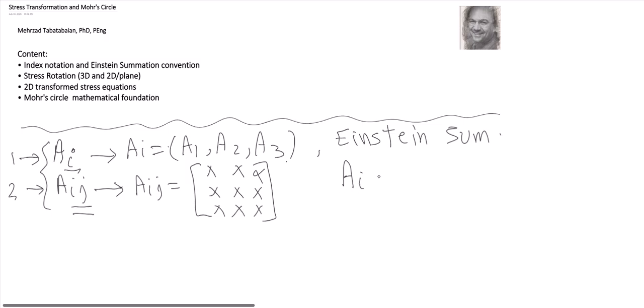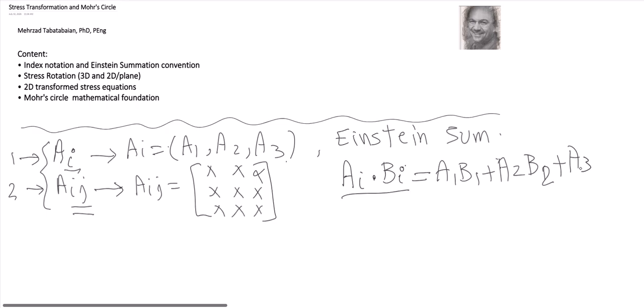Let's say if you have Ai, for example, times inner product of two vectors bi, Einstein summation convention says that if you have a repeated index, you should sum up on that index. And this is basically an inner product of two vector.